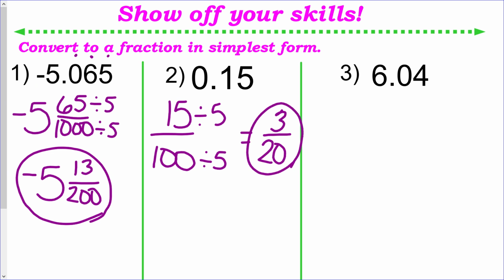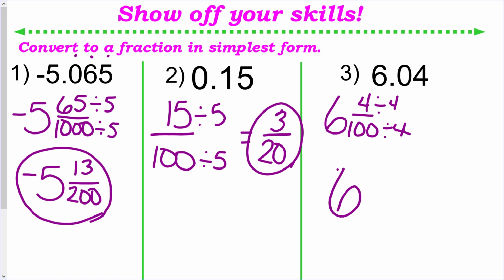The last one would be 6 and 4 hundredths. With this one, I can divide by 4, and you get 6 and 1 over 25.